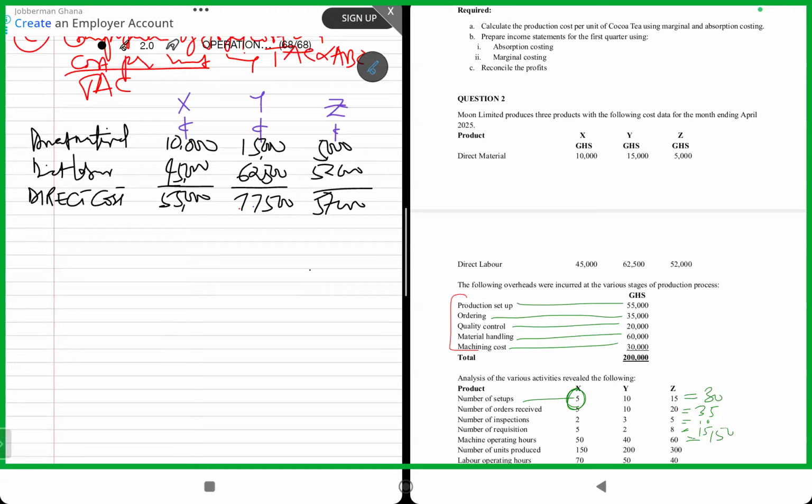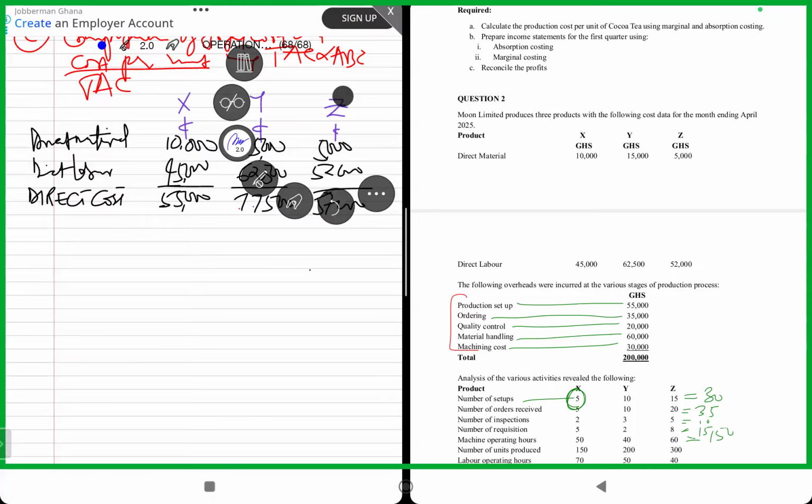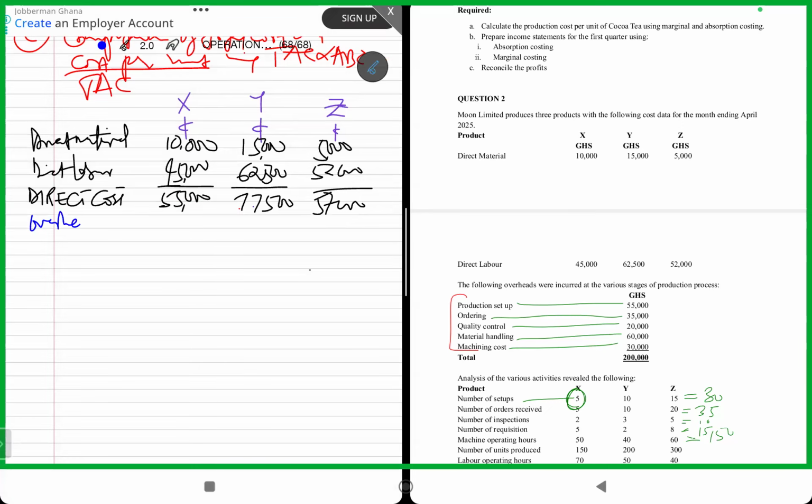Then what is the next one? The overheads. We computed the overheads in B, right?